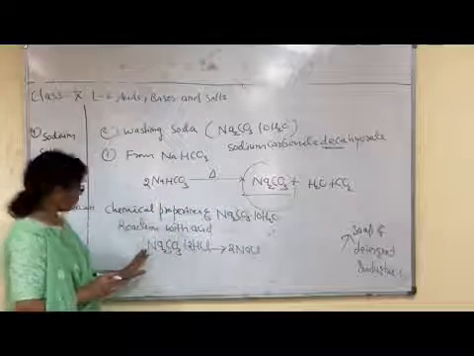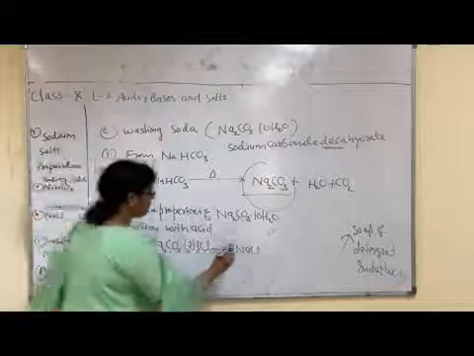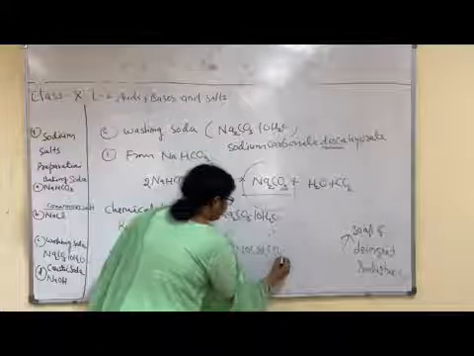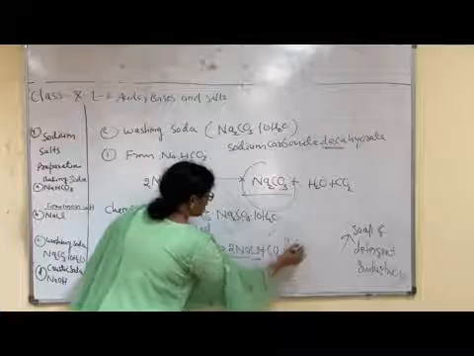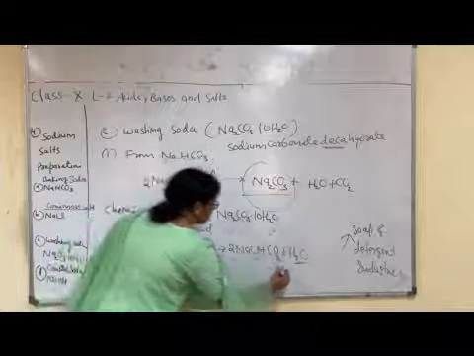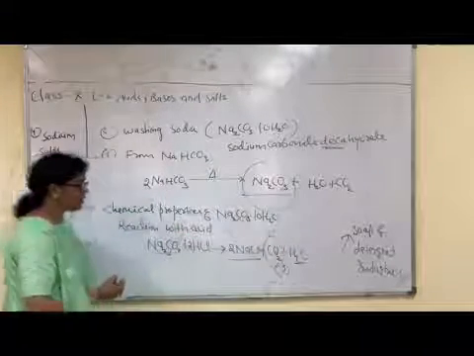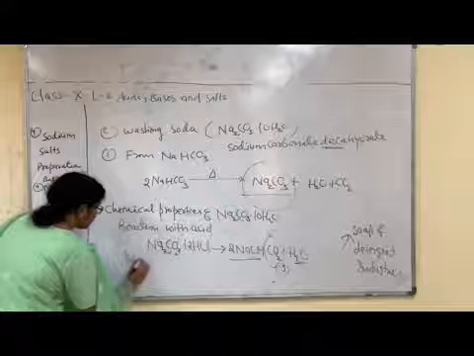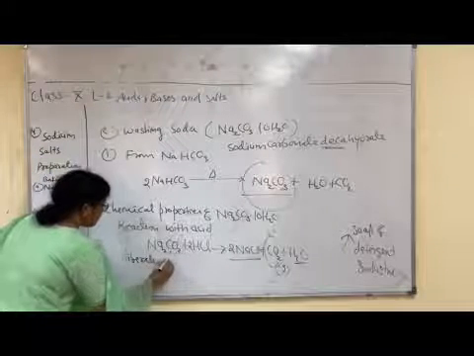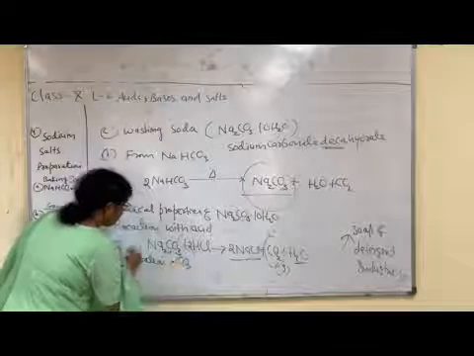And washing soda reacts with acid, with liberation of carbon dioxide. This is a neutralization reaction and formation of salt and water. Okay, children, so what is the unique property? Liberation of CO2 gas. This is an important property.